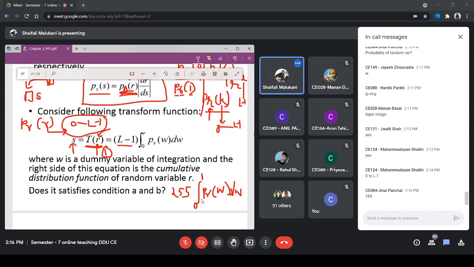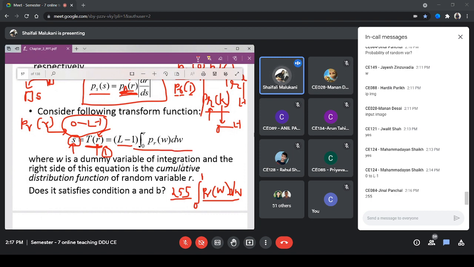And what are we actually doing here? We are summing up the probabilities of the input, from 0 to 1. We are adding all the probabilities from 0 to 1 in the input, and that summation is multiplied with 255, and whatever I obtain is considered as S. Actually, this is for the continuous domain.